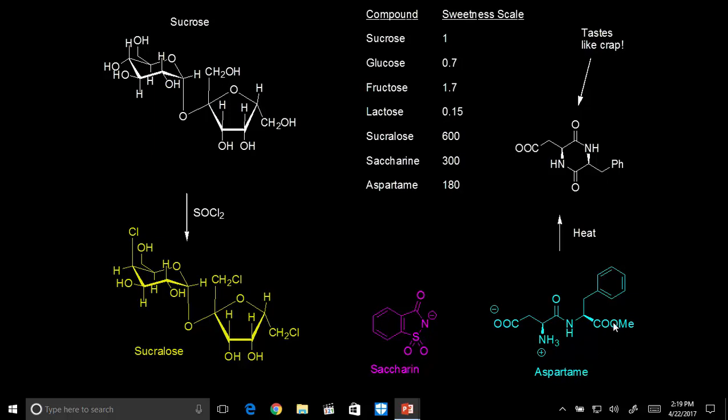It won't be a methyl ester, it'll be a carboxylic acid, but I don't see where this is a completely artificial sweetener. I guess it would produce methanol as a byproduct of its metabolism, but for the most part, it's a protein.